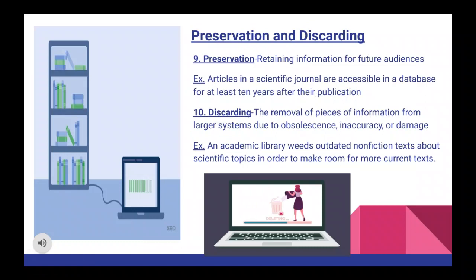Preservation is the retaining of information for individuals to access in the future. Again, while this is a key goal of information preservation as a larger concept, it is just one part of the process. And finally, discarding. When information becomes obsolete, damaged, or not useful, it may be removed from a collection.